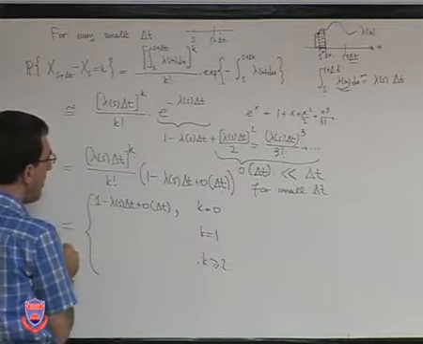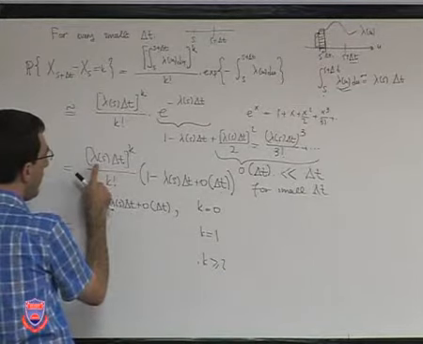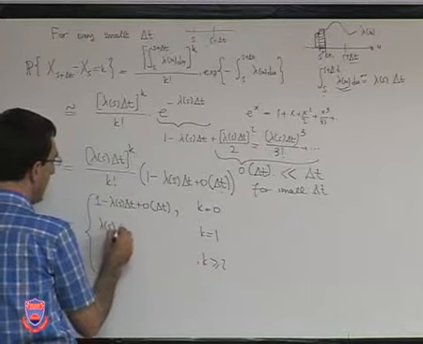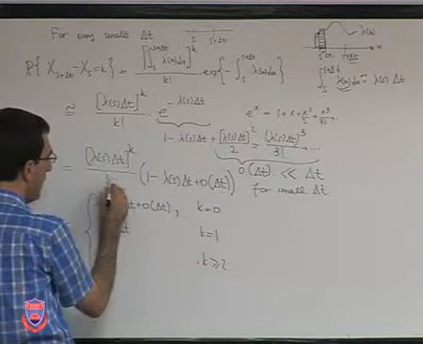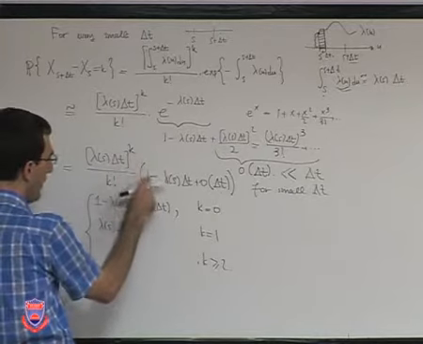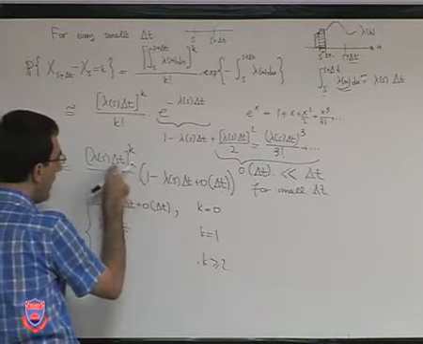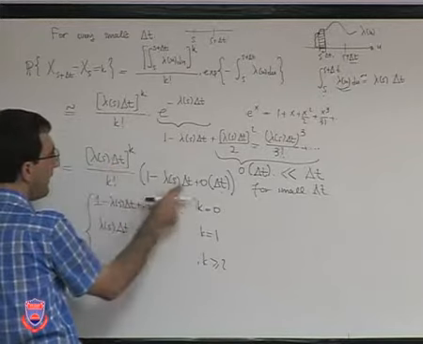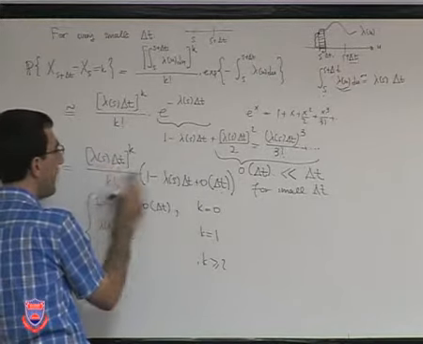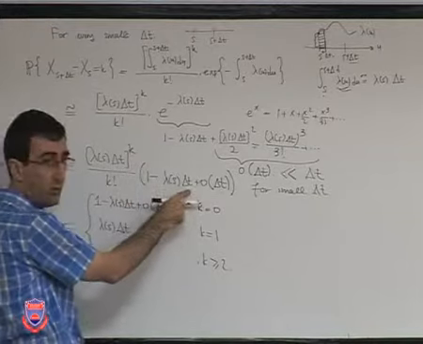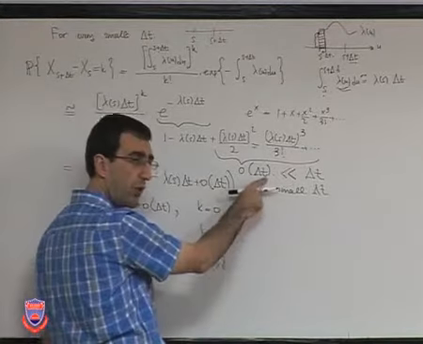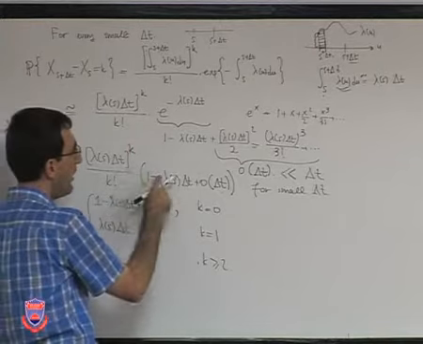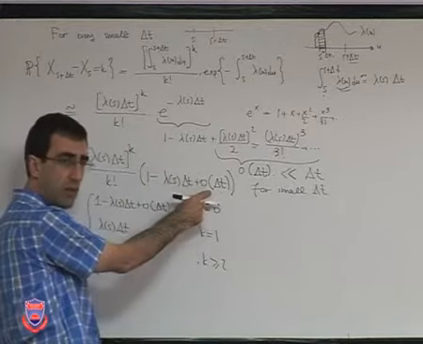When k equals 1, then you get lambda s times delta t, plus lambda s squared times delta t squared, which we said before, in comparison to delta t is very small, so we can just add that term to this negligible part.